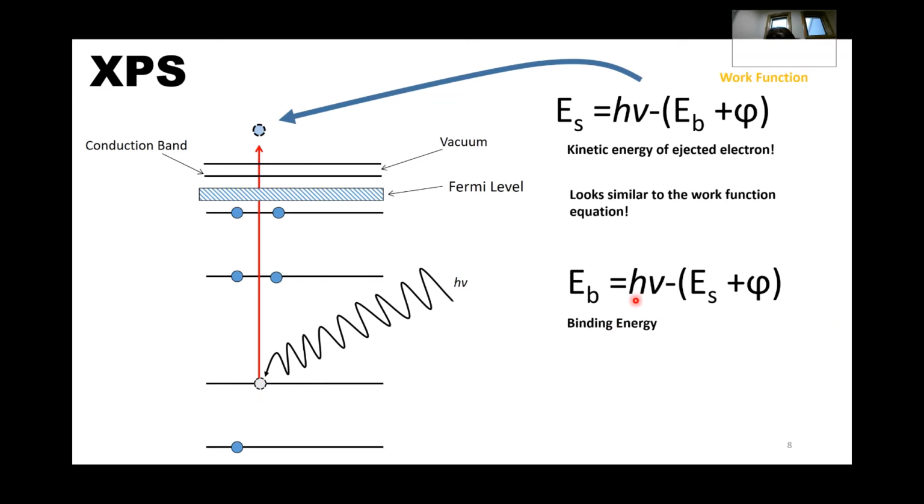So Planck's constant times the frequency of the light minus this term now, which is the kinetic energy of the ejected electron plus the work function, gives you the binding energy. And so that binding energy is specific to which orbital it came from, whether it's 1s, 2s, all the way, doesn't matter, 3d, could be whatever. Okay, so that's the secret.